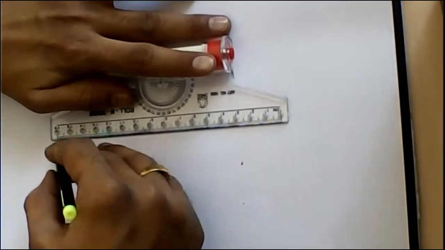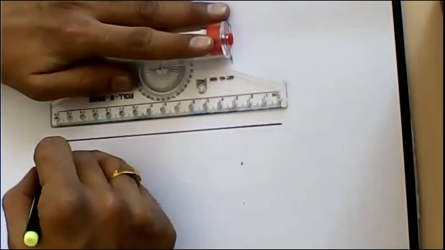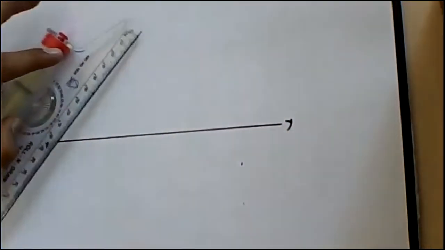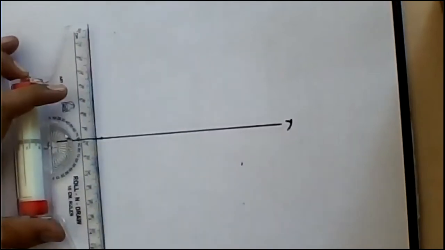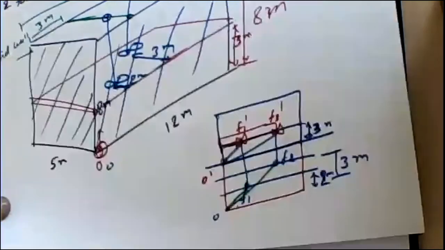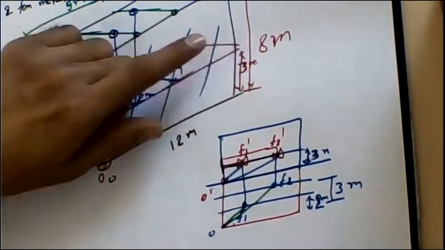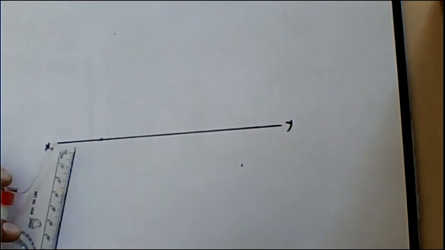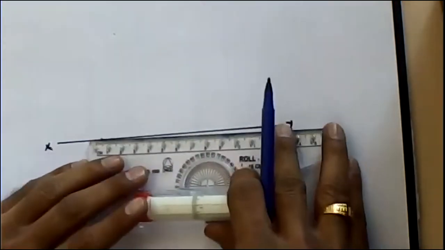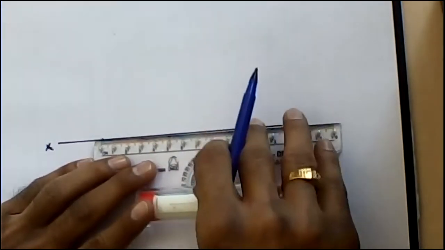We need to make a reference over here, and on that reference we are going to represent the front view of the room for which we are discussing the problem. So what are the reference dimensions for the front? It is going to be 12 meters by 8 meters. So now I am going to plot a line of 10 centimeters which is representing the 10 meters.